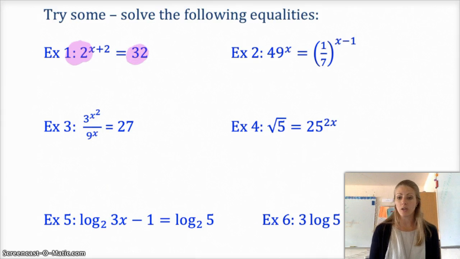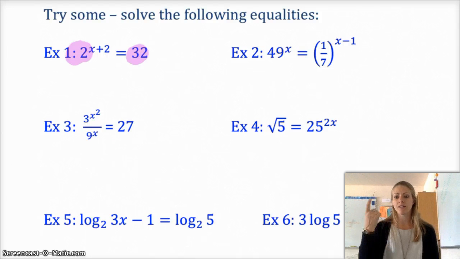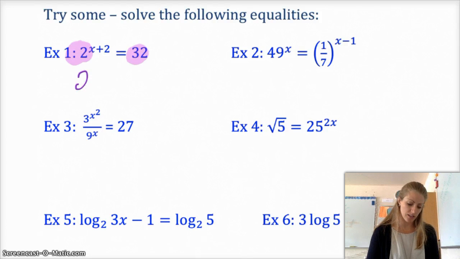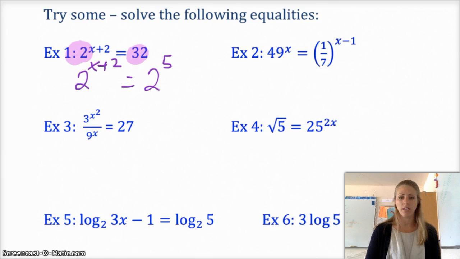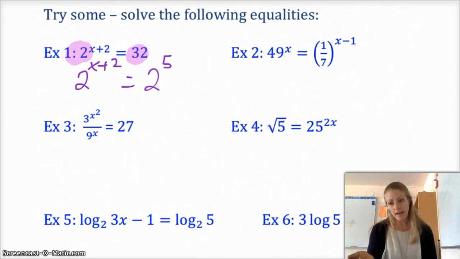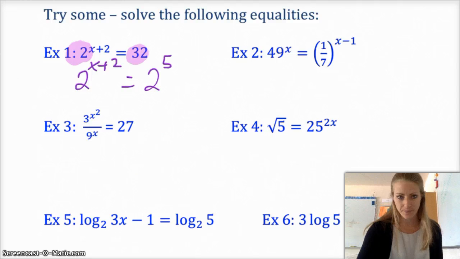So the idea is if you can get them to the same base, then you can solve it easier. 32 is 2 times 2 times 2 is 8, times 2 is 16, times 2 is 32. So you can write 32 as 2 to the 5th. So then you have an equation that is 2 to the x plus 2 equals 2 to the 5th. Now, since you have the same base, you can just set the exponents equal. So you have x plus 2 equals 5, x has to be 3.